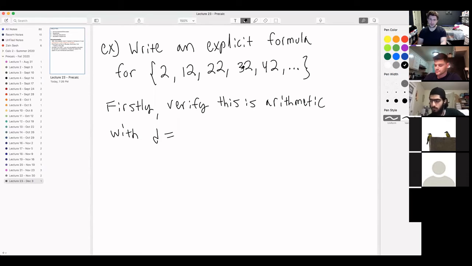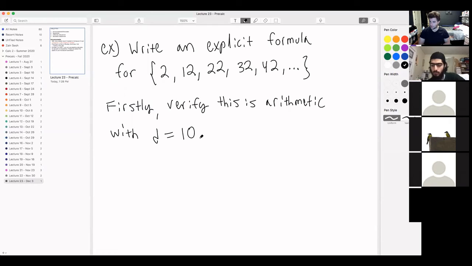If I do 42 minus 32, it's 10. If I do 32 minus 22, it's 10, and so on. So it looks like here that the common difference, d, is 10. Good. So it's arithmetic. So we can use our formula for an arithmetic sequence.